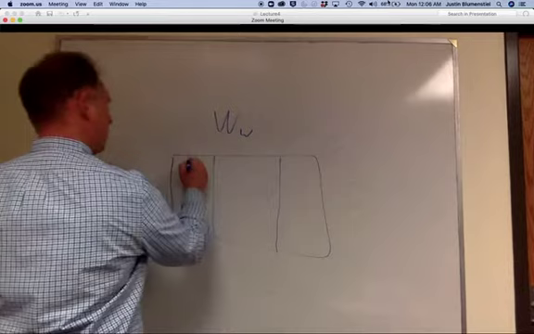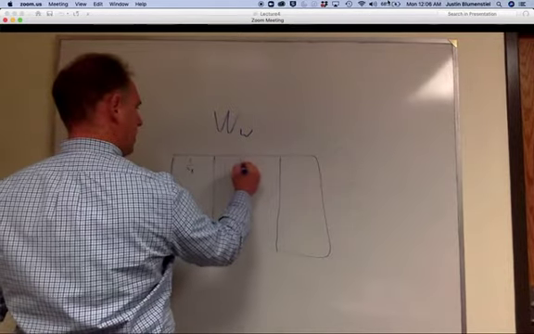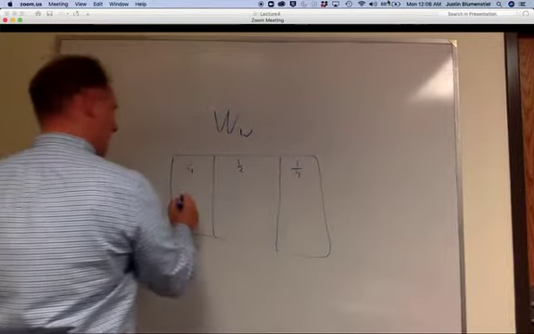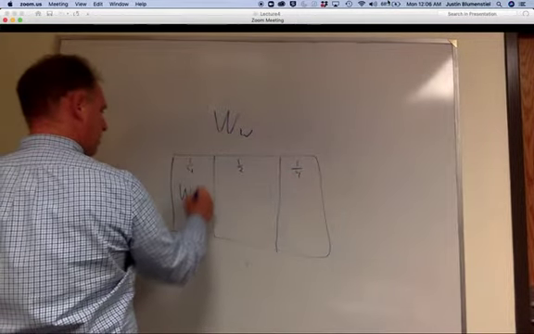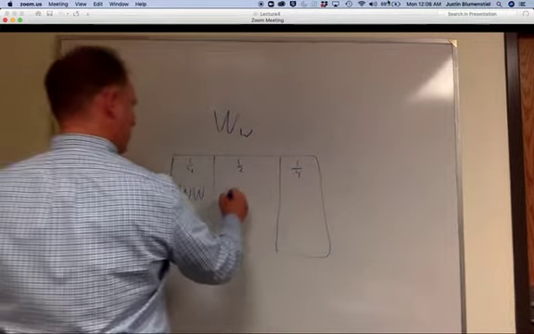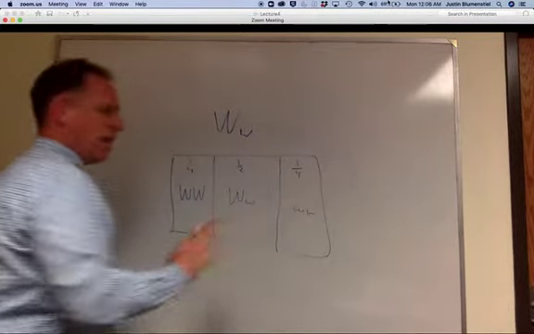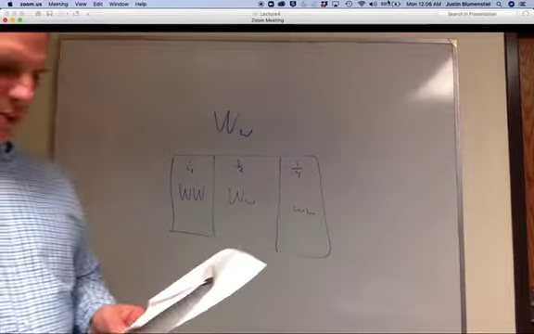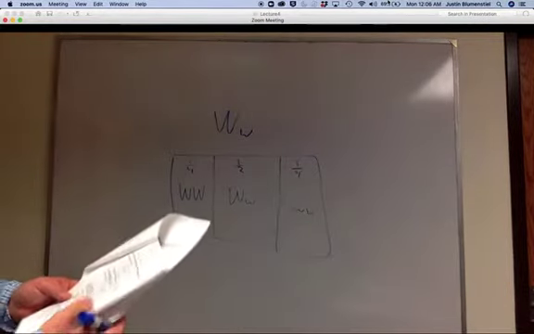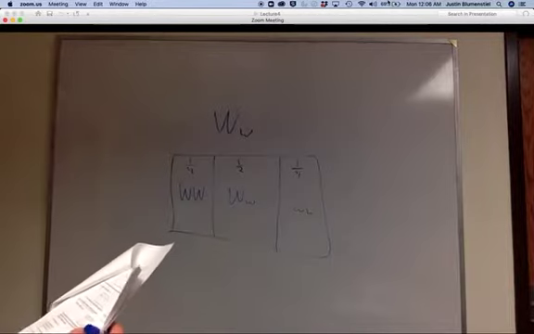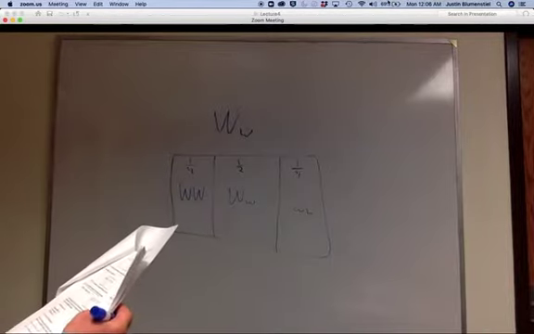So this is 1/4, this is 1/2, this is 1/4 for the progeny, and this would be big W, big W, this would be big W, little w, and this would be little w, little w. So again, I'm breaking up the world of all possibility into this broken down framework.